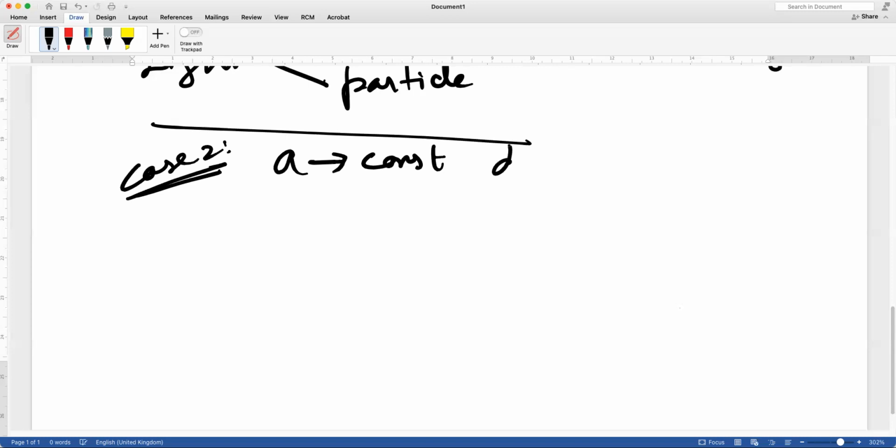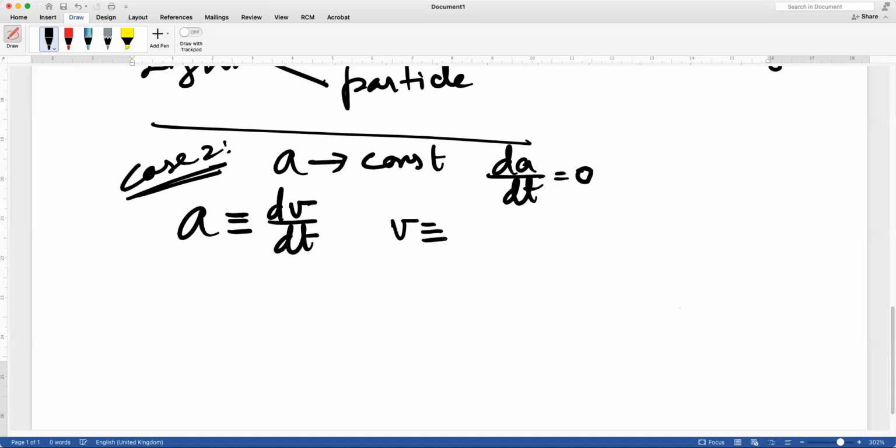Yes. That means dA by dt is equal to 0. And also we defined acceleration as nothing but the rate of change of velocity with respect to time, and velocity itself is defined as the rate of change of displacement with respect to time.